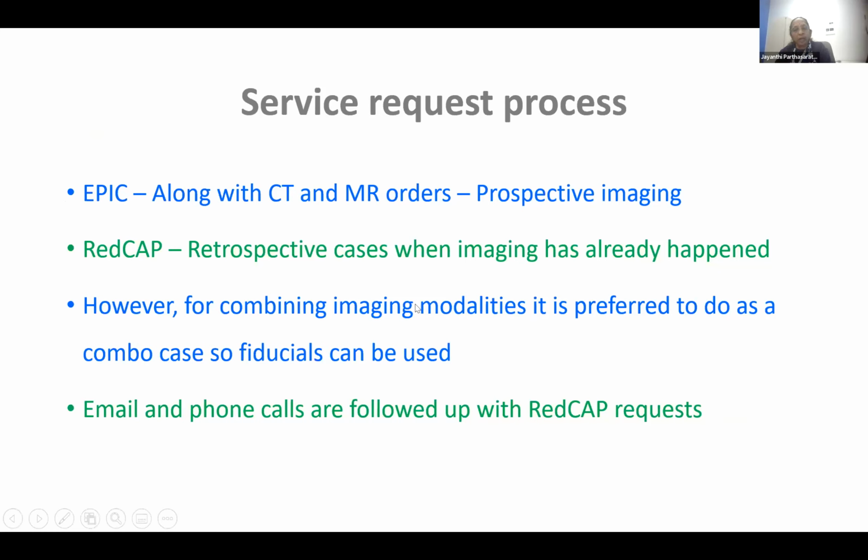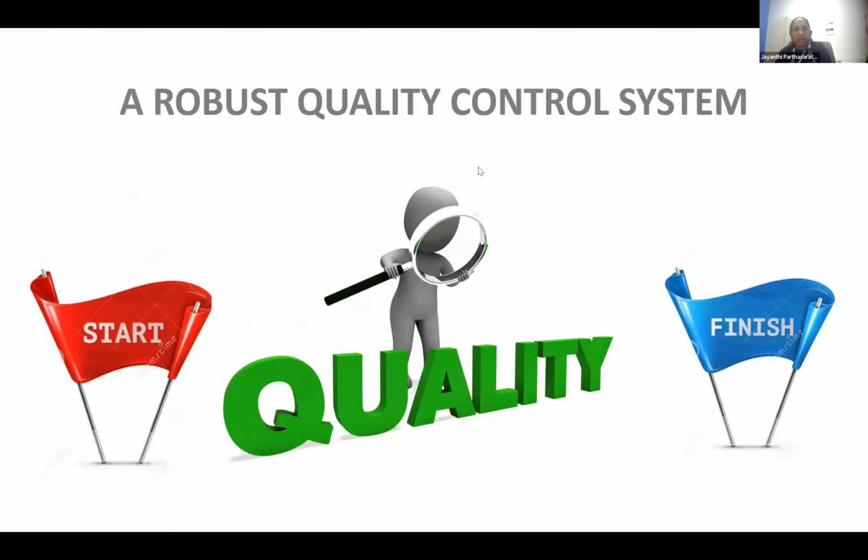REDCap is still used for our retrospective requests. This gives us a good idea of how we handle our databases. However, for combining images, we always say that we need it prospective so that it helps us in many ways. Combining is preferred as a combo case with fiducial markers. Emails and phone calls are still taken up, and of course, followed up with a REDCap request.